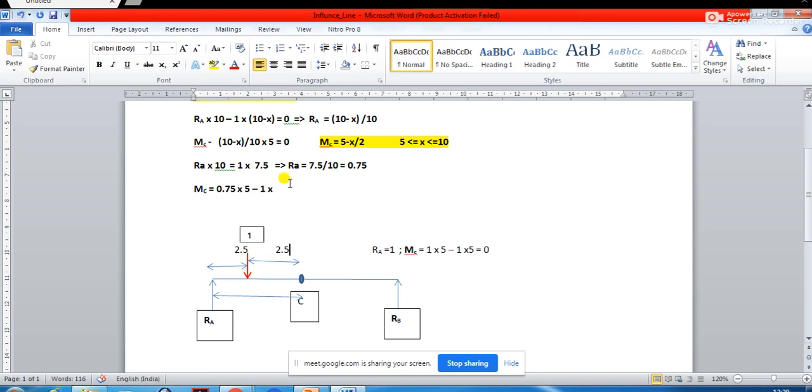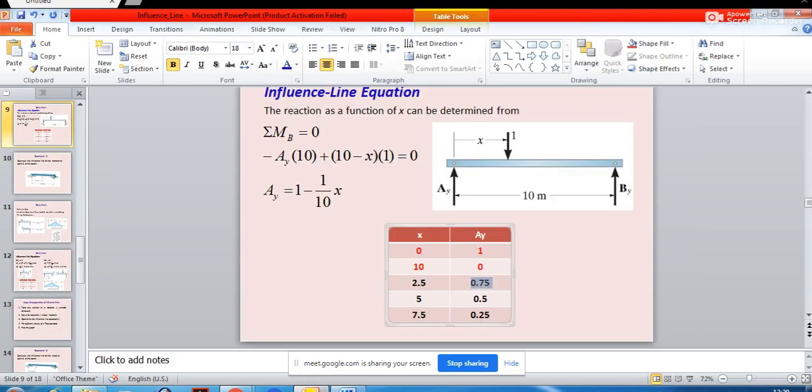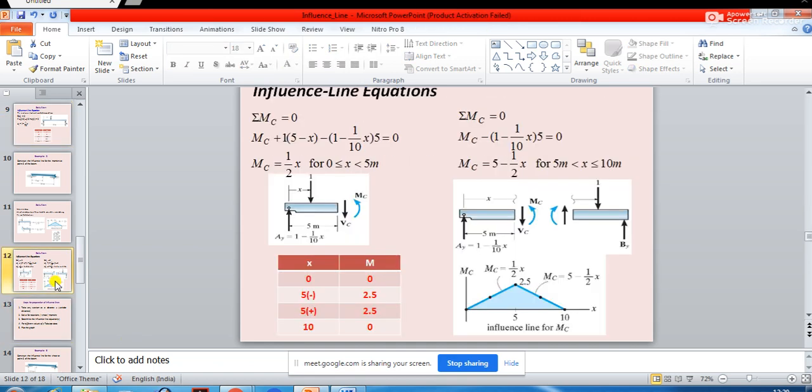So 1 multiplied by 2.5. One should not get confused. This distance is 2.5, and the load is unity. So what is going to be your value of MC? Tell me. 1.25.